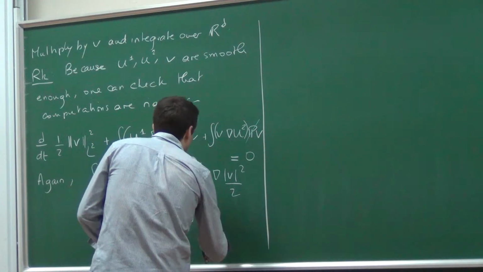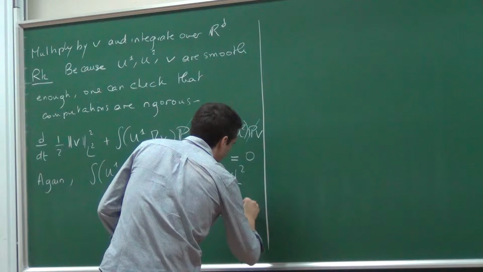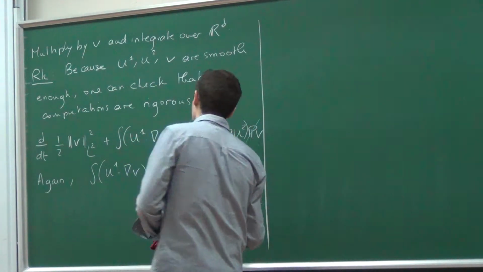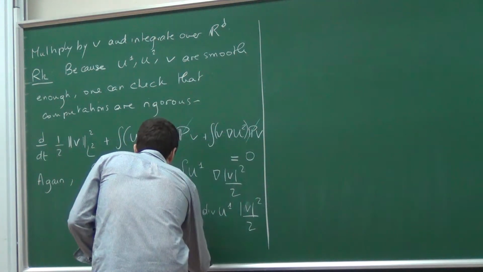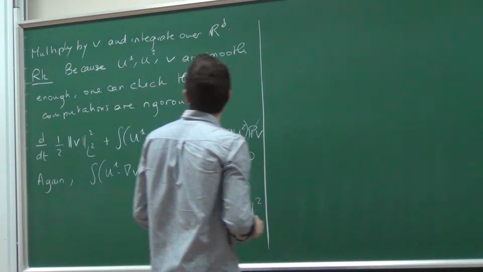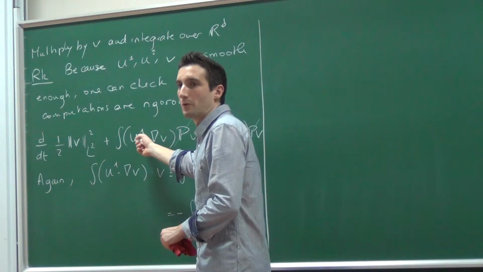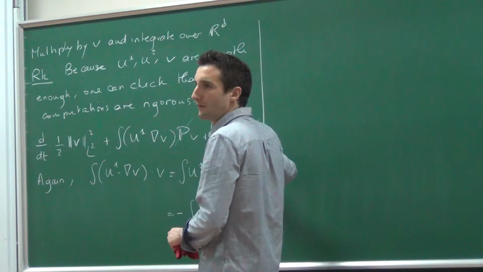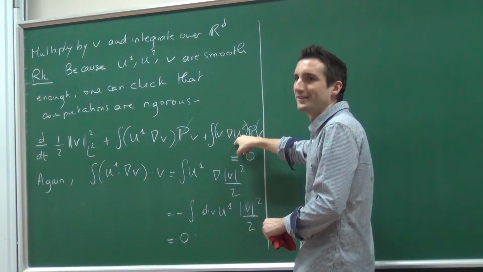And when we integrate by parts, divergence of U1 shows up, and it's 0. So this term is 0 here. And then you have to control that one. For that one, you don't have this nice cancellation.